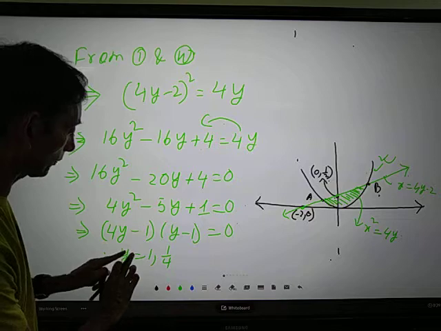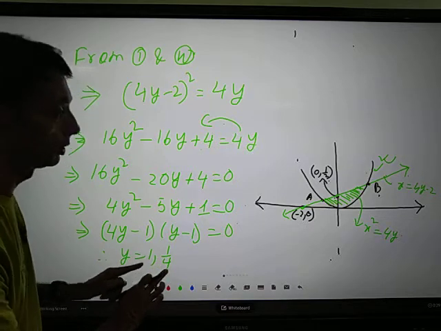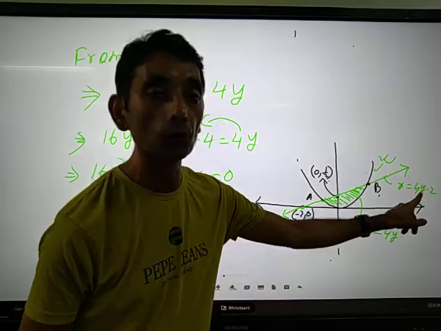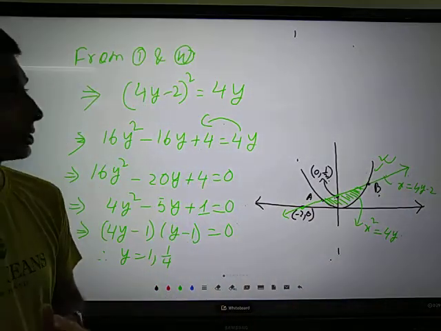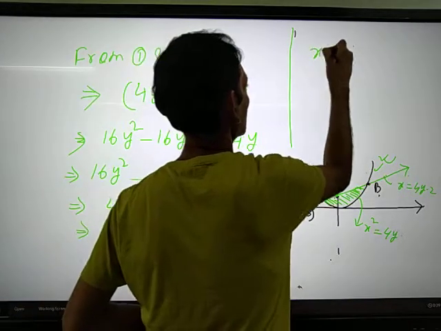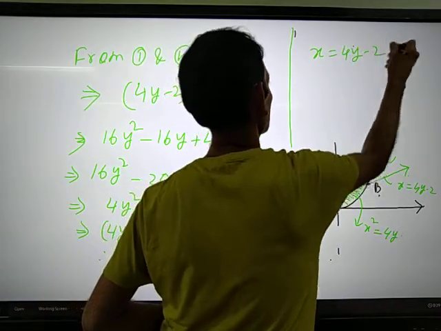Based on the values 1 and 1 by 4, we are going to get the value of x. Here x is equal to 4y minus 2.